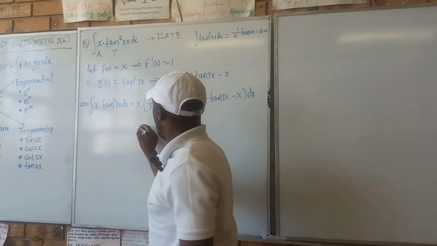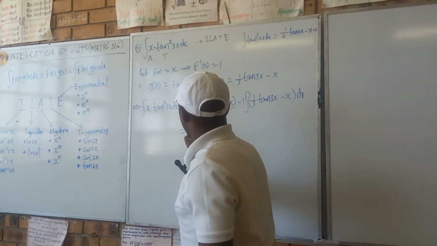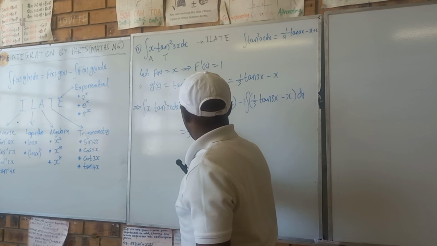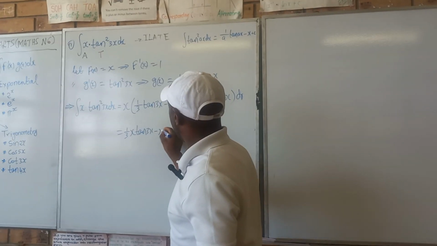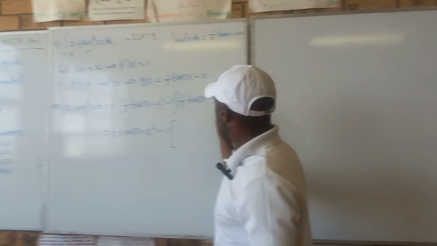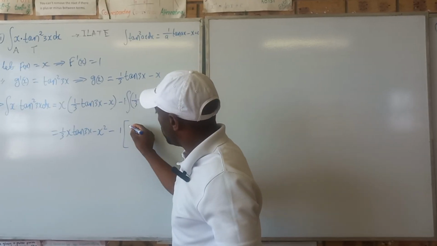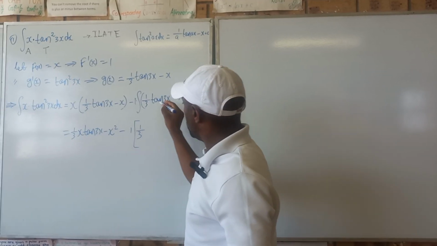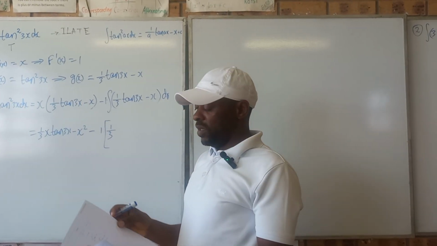If I move on, I choose to open the brackets there, and I'll get 1/3 x tan 3x, then this x multiplies there to give me negative x squared, then minus 1 into, I'm now integrating this. To integrate the first term, I don't integrate a constant. Now to integrate tan 3x, I go to page 2 of the N6 formula sheet.